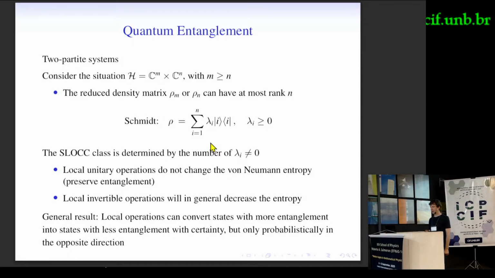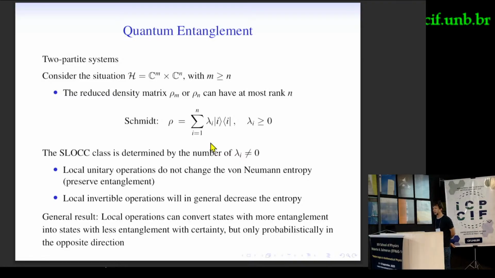There's one result which I want to mention here: these local invertible operations correspond to certain stochastic or classical protocols. They are not quantum in the sense that you are not applying a unitary, because local unitaries cannot change the amount of entanglement.